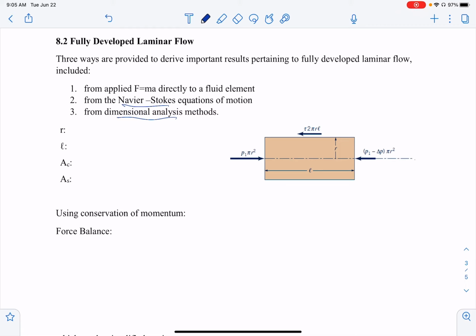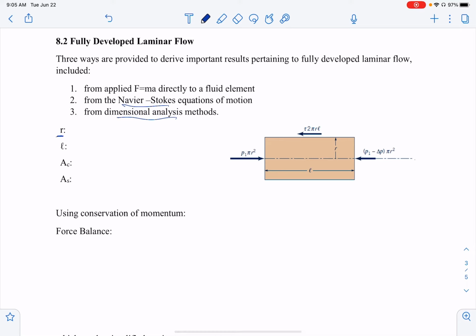So we have some variables that I want to introduce before we go to elaborate this fully developed flow.